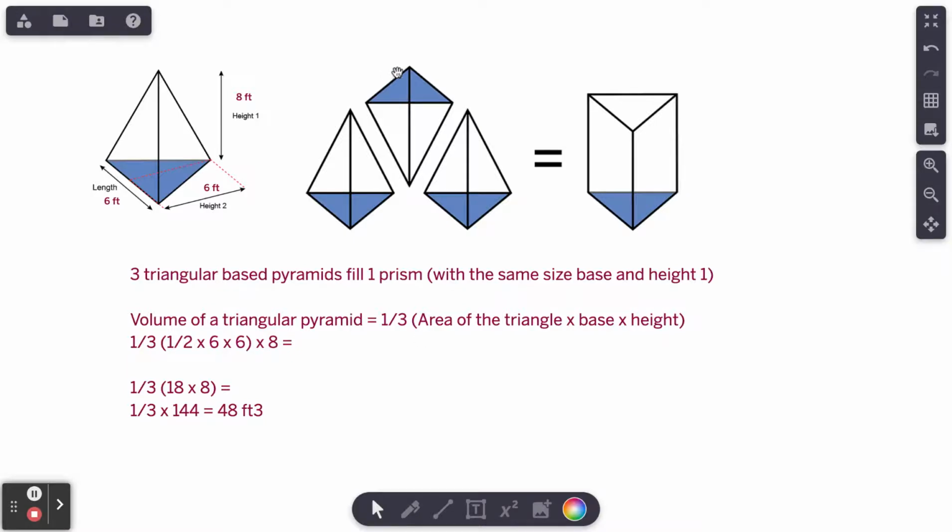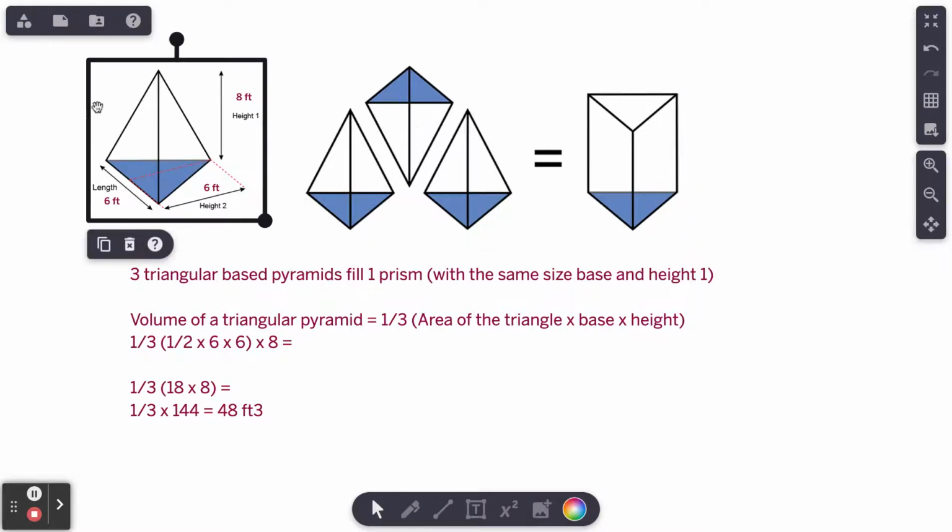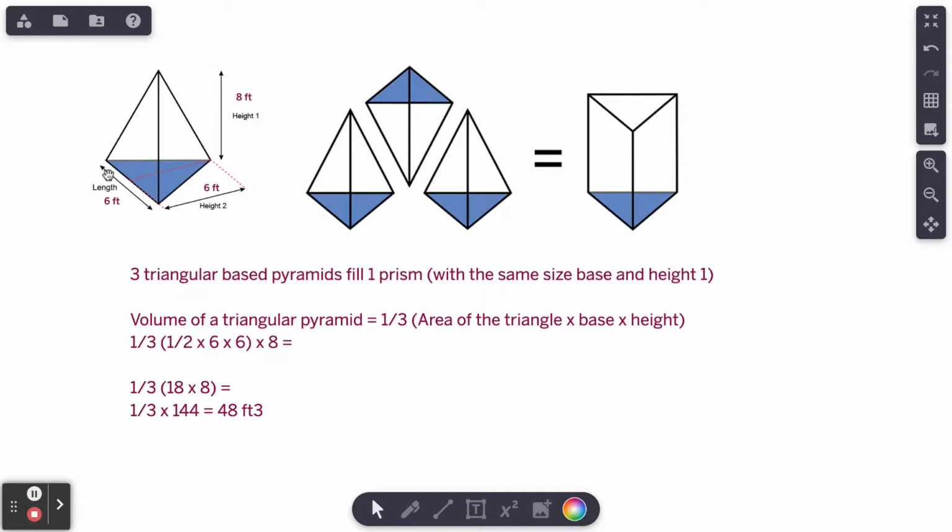So in this example, I also like this visual right here, where it shows that if I had three of these triangular pyramids, I could also fit them into a prism. And so that's why we still need 1/3, because we only need one of these, not all three. So we're still using that volume formula, which is 1/3 times the area of the base times the height.